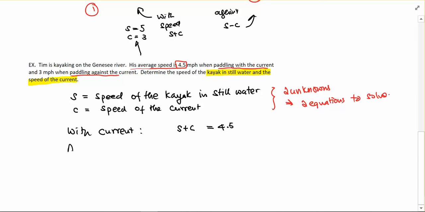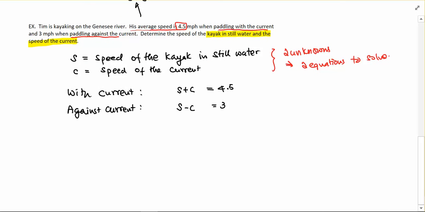Against the current, it says his average speed is 3 miles per hour, so S minus C is 3. Make sure you put the still water first, because otherwise that means he's not going to make progress. And hopefully the current is slower than your rowing speed.